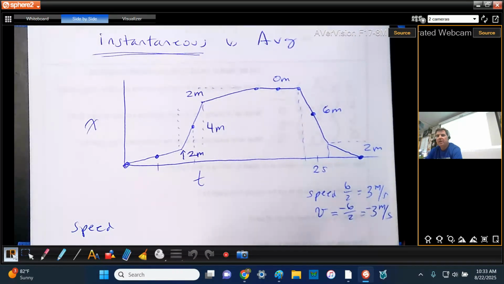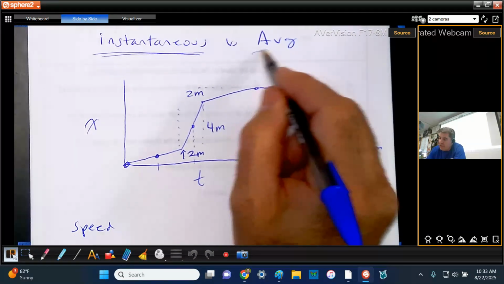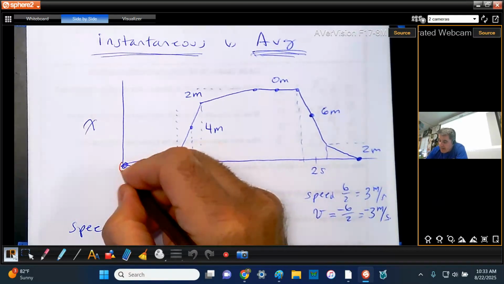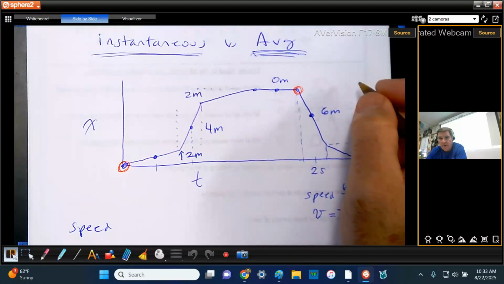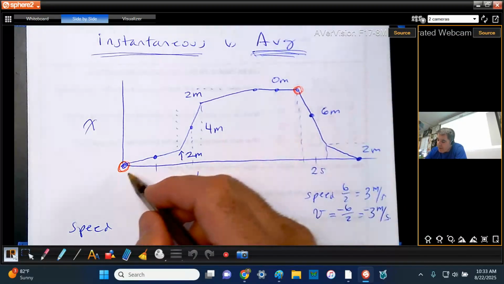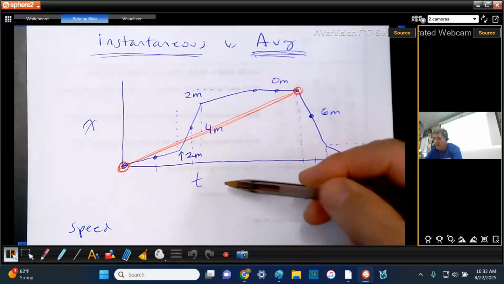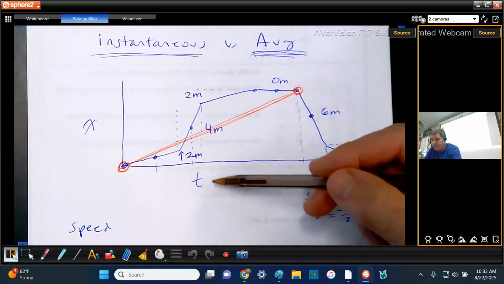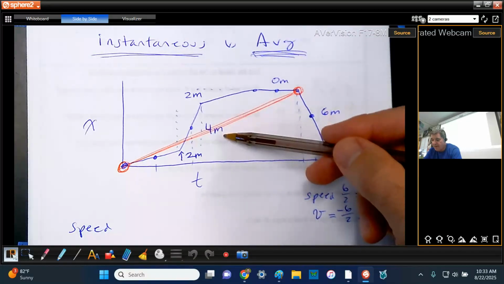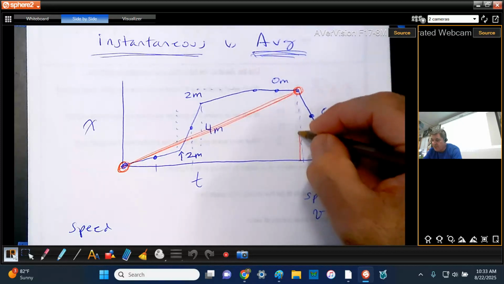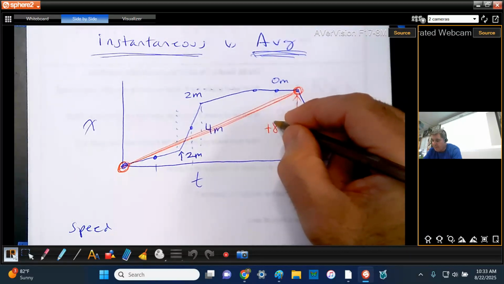Okay, now let's look at the little bit harder one, which is average. I'll choose a couple points. For instance, my average speed from here to here will be the same as my average velocity from here to here, because I'm always going in a positive direction. So I'm going 2 plus 4 is 6, plus 2 is 8. So my change in position for this one is plus 8 meters.